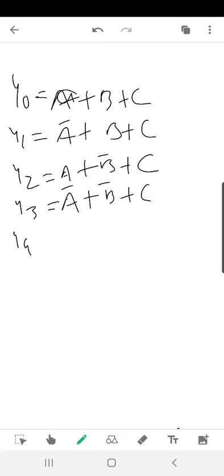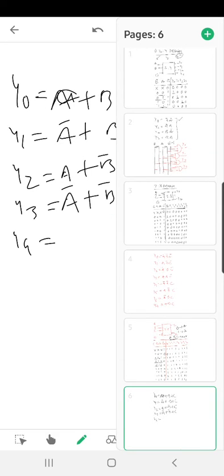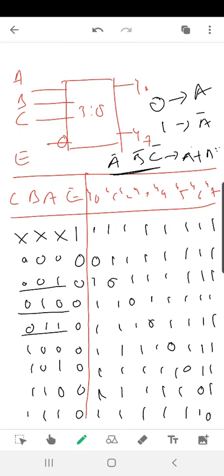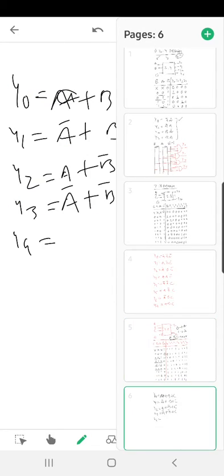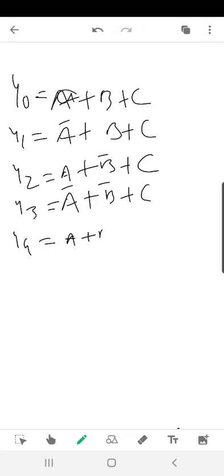Then for y4 we have 100, so we will write it as a plus b plus c complement.